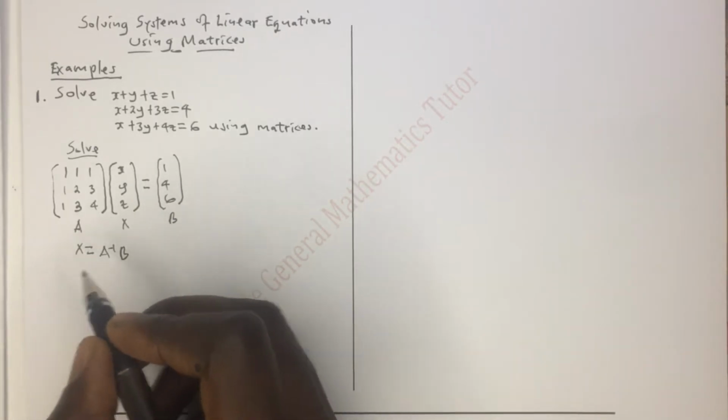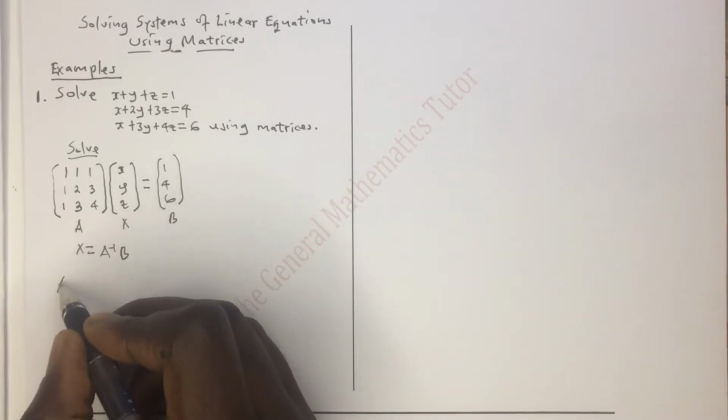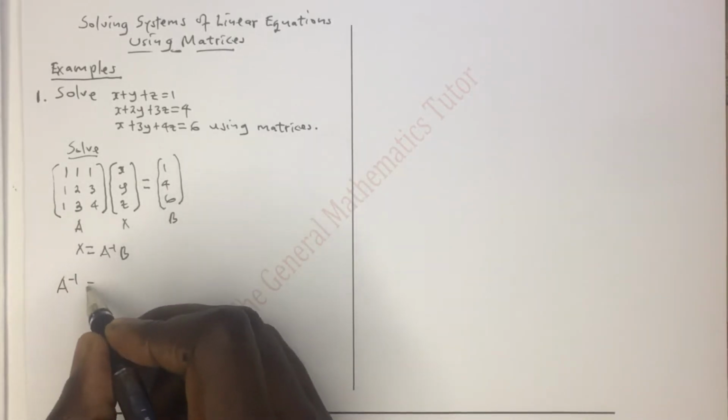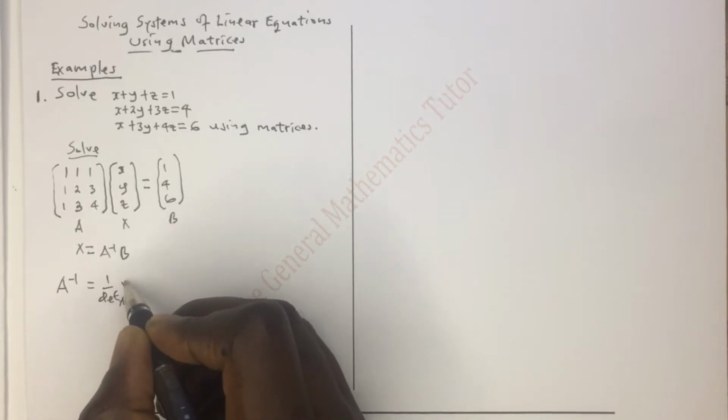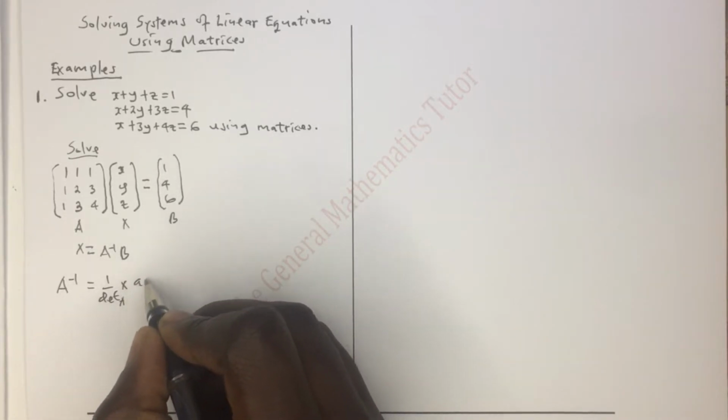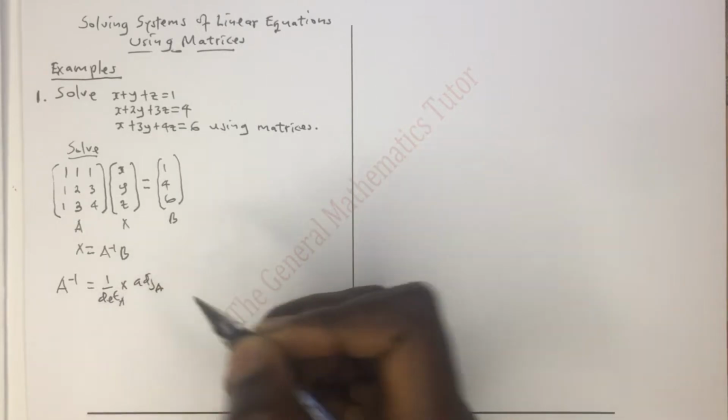So to get the inverse of a matrix A, you are going to take 1 over its determinant, then multiply that by its adjoint.